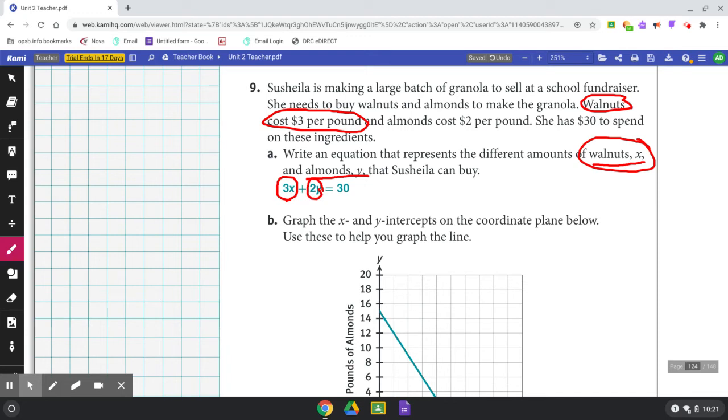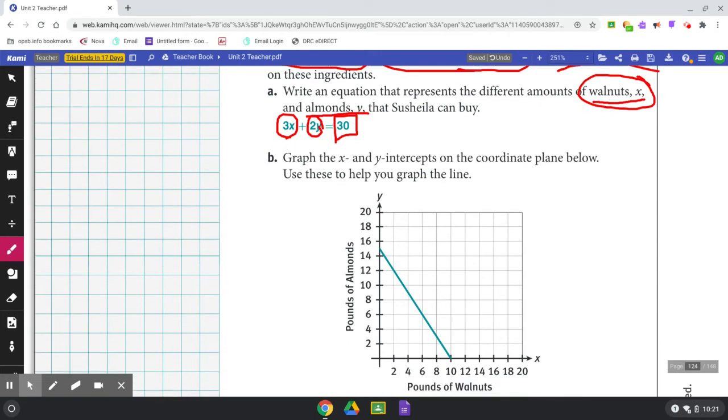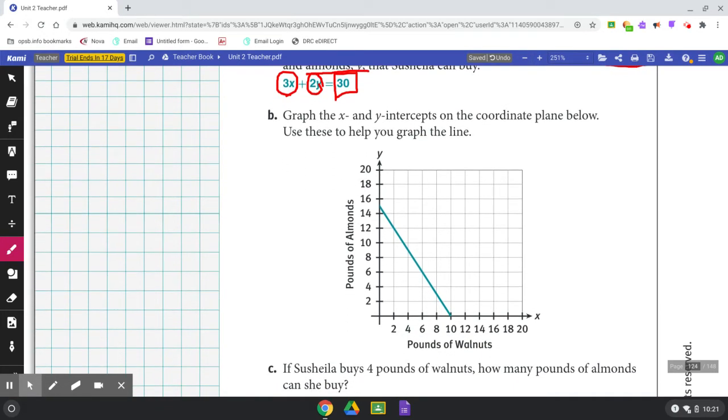How much do almonds cost? $2 a pound for almonds, times y, because y represents almonds, equals $30 because she only has $30 to spend. Okay, so $3 per pound of walnuts times x number of walnuts plus $2 times y number of almonds equals $30. And graph the x and y intercepts on the coordinate plane and use them to help graph the line.